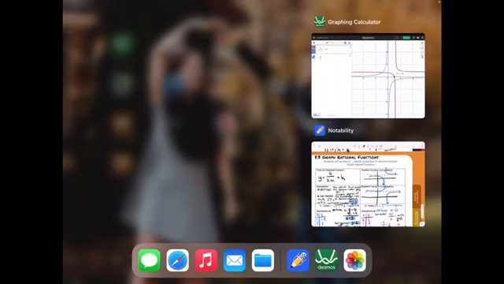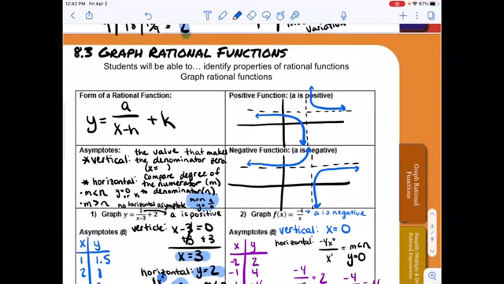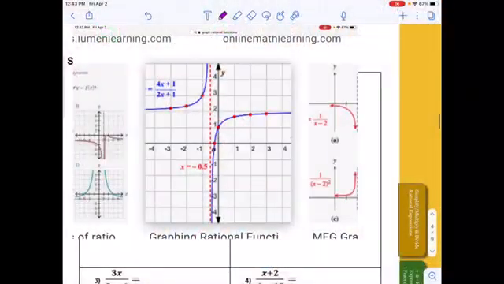Anyway, I'll show you the m equals n now. Okay, so here is an example of when our m and our n, the degrees, are the same. In this case, they are both 1 and 1. So it says y equals a over b. But we don't really know what they're meaning there.